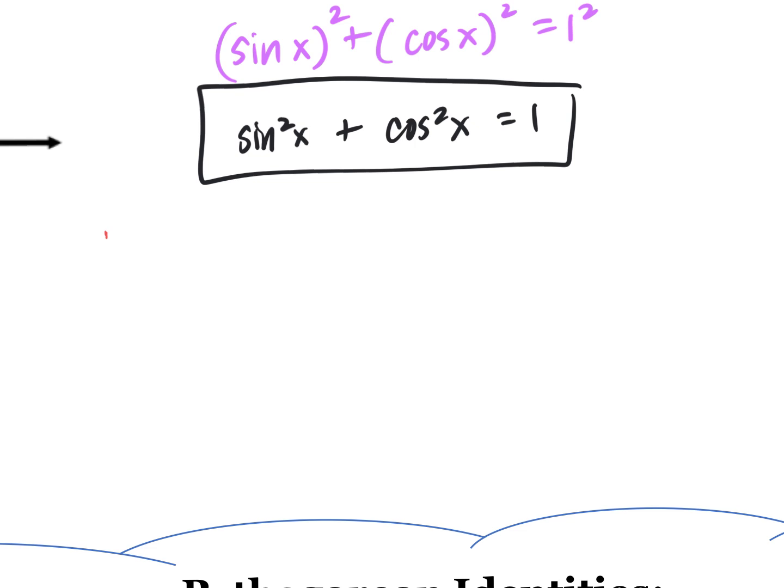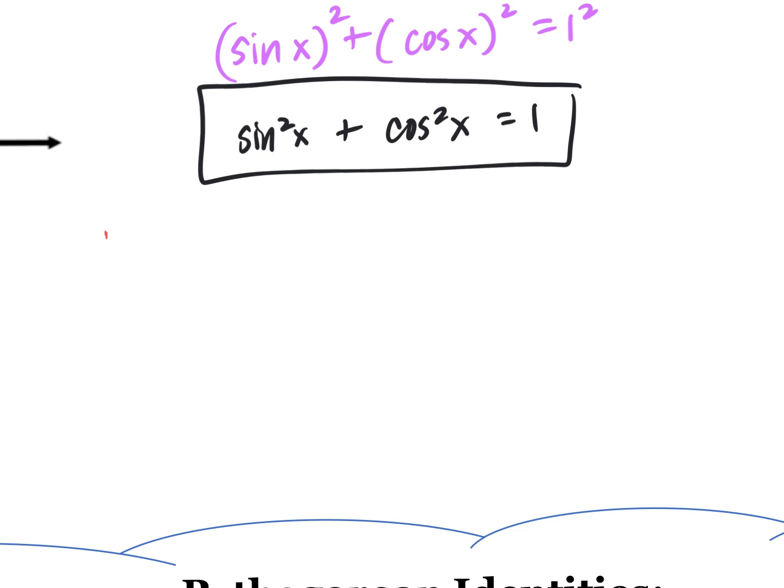If I divide this first thing by cosine squared, I better divide all of them by cosine squared. Let's see what that gets us. Sine squared over cosine squared? Tangent squared. What about cosine squared over itself? Any number over itself is 1. 1 over cosine is secant, therefore 1 over cosine squared is secant squared.